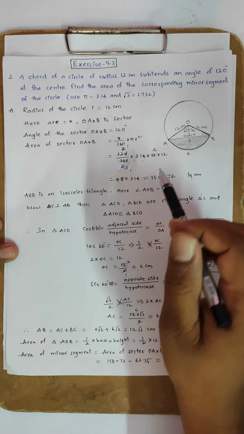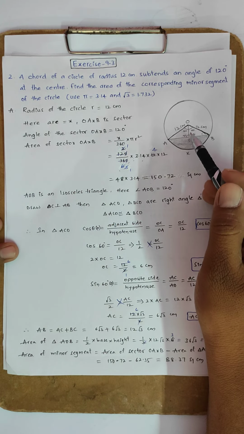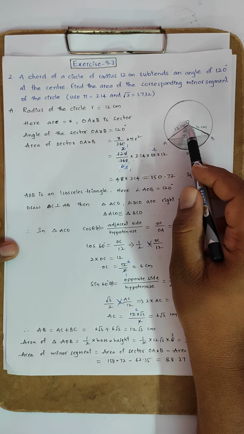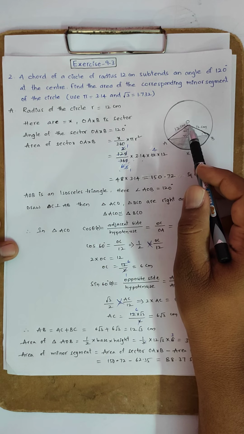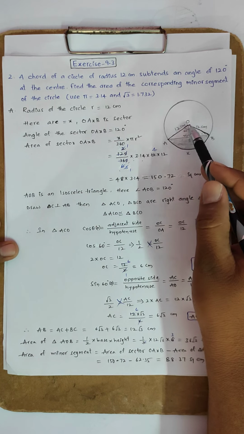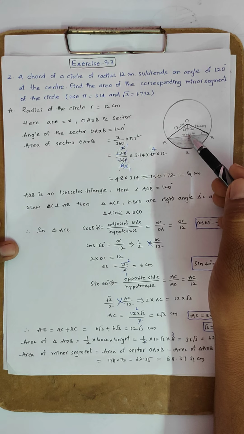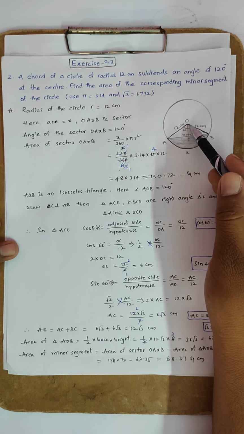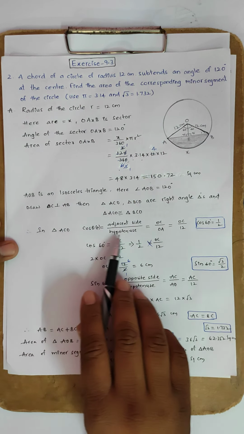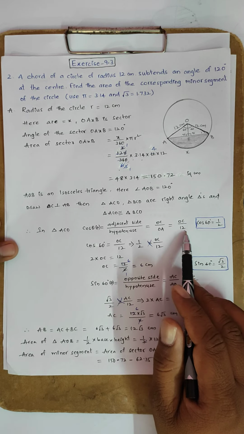In triangle ACO, this is a right angle triangle. Now at point O, the center, cos theta is equal to adjacent side by hypotenuse. Adjacent side how much? OC. Hypotenuse OA. I have written there OC by OA. OA value is 12 centimeters.